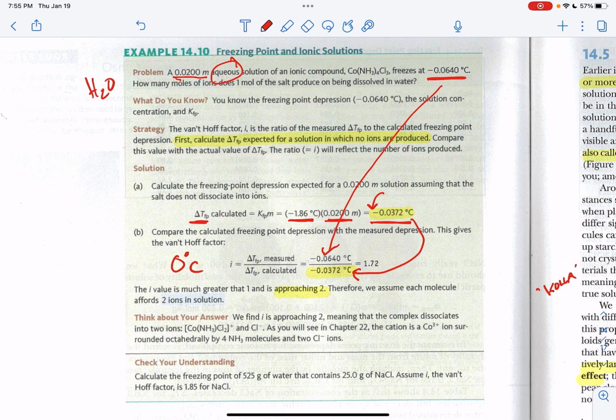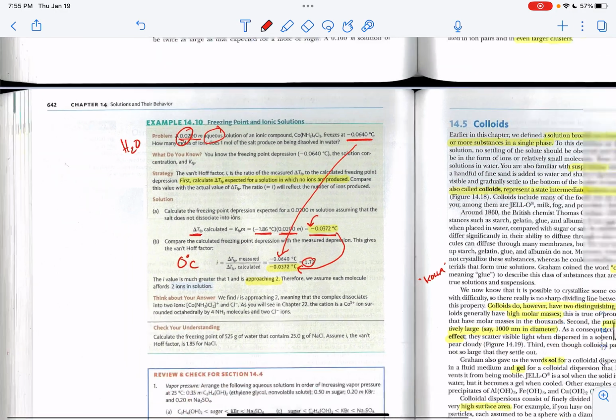If we had a different solvent that has a different freezing point than 0 degrees Celsius, then you'd have to do the subtraction to find your delta T. Notice my colligative property is not exactly 2. And that's because my original concentration is 200ths molality, which for colligative properties is relatively concentrated.